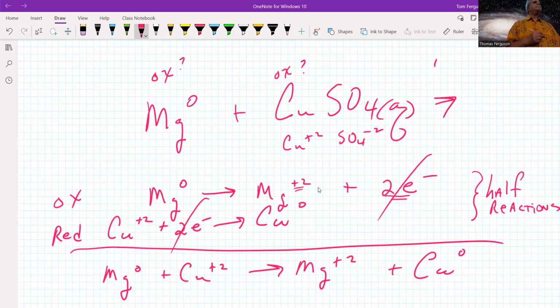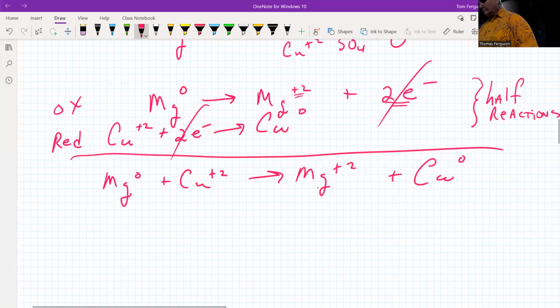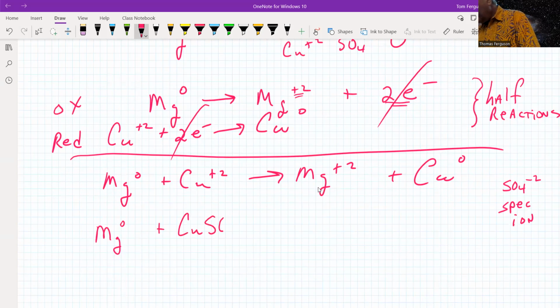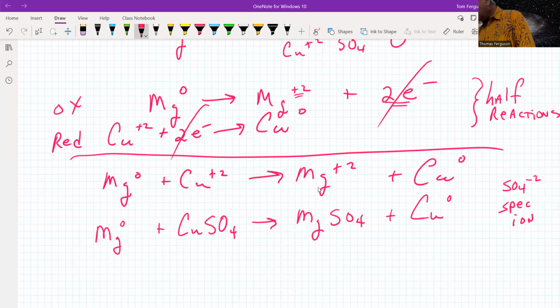What's the spectator ion? Sulfate again, yeah. So when we put the spectator ion in, that's the reaction balanced also.